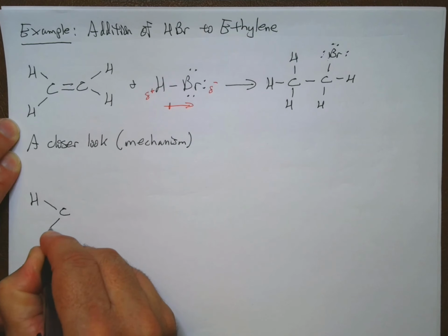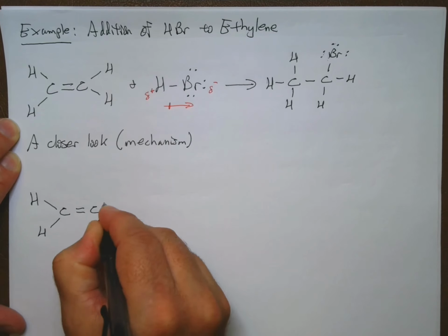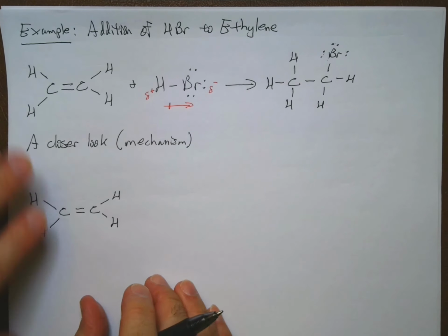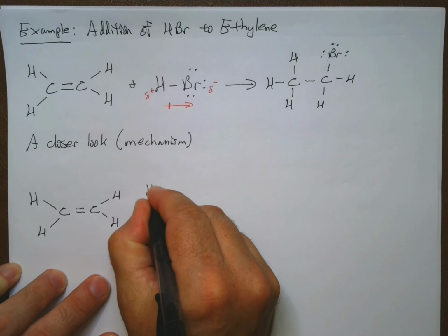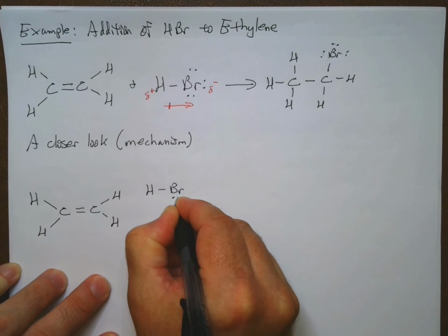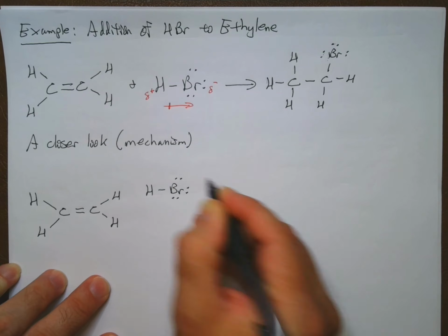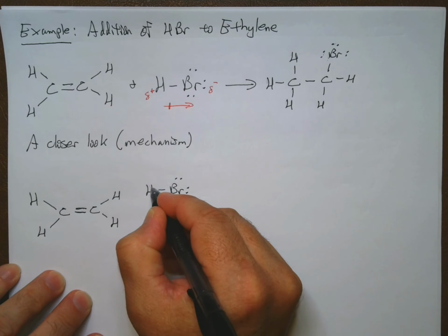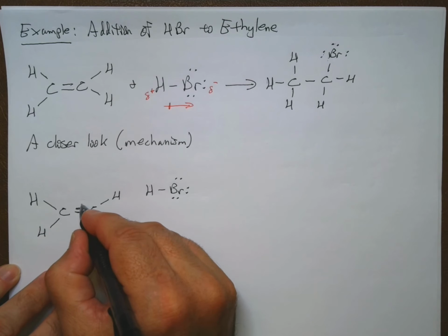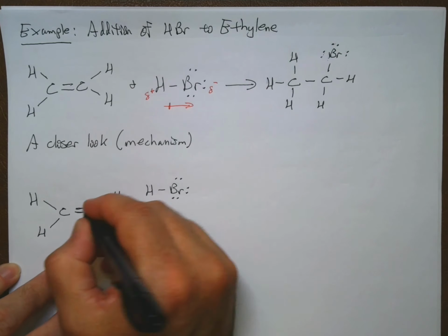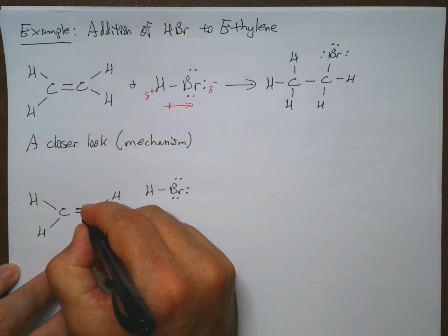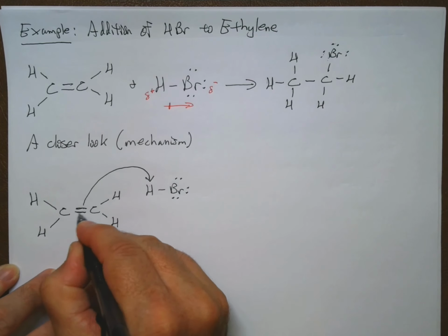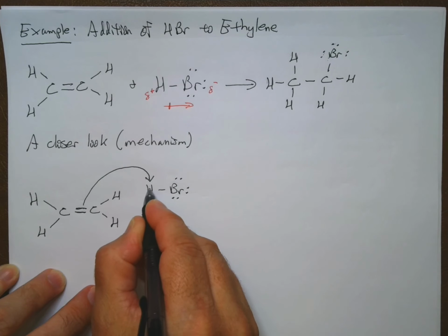What is believed to happen, or the evidence supports, is the following mechanism. We have a partial positive charge on the hydrogen, and we have extra electron density on the alkene, the double bond. So we're going to get that electron density grabbing the hydrogen.